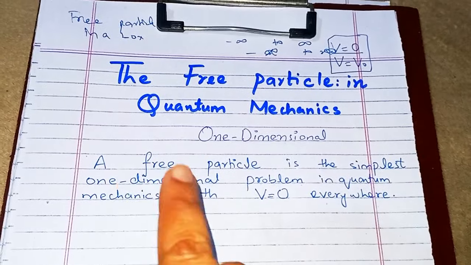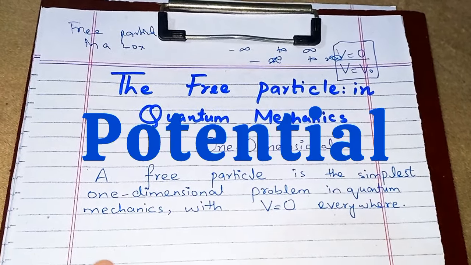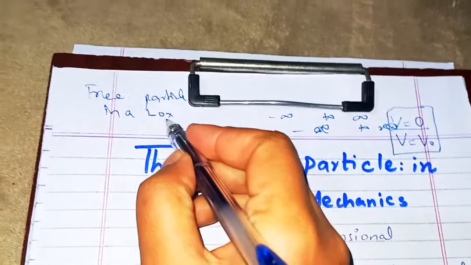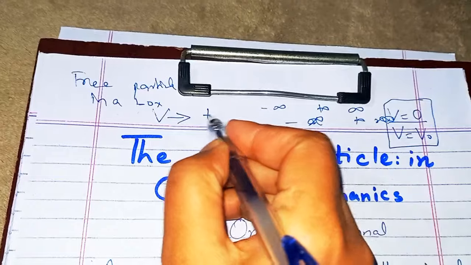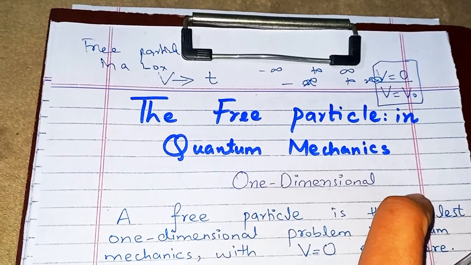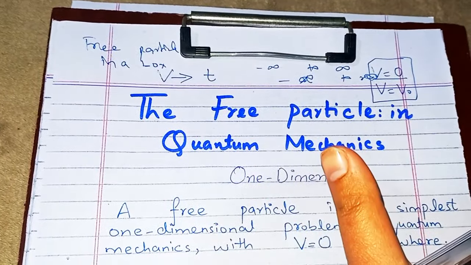That central point is the potential. You'll see what the potential equals. If the potential is dependent upon time, then you are supposed to use the time dependent Schrödinger's equation, the one that incorporates the time variable in it.